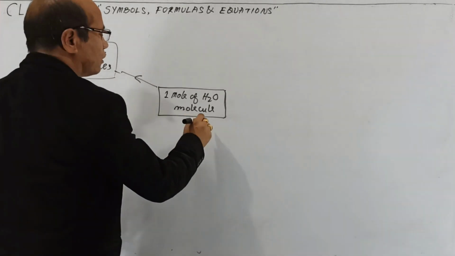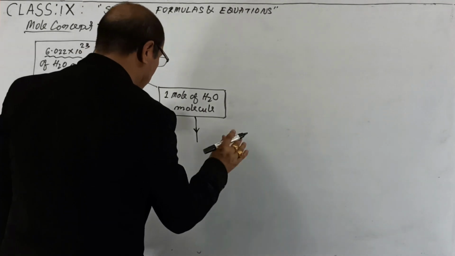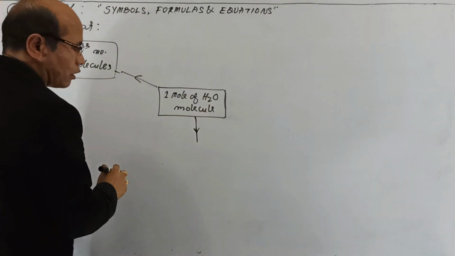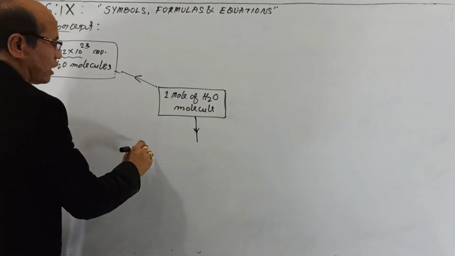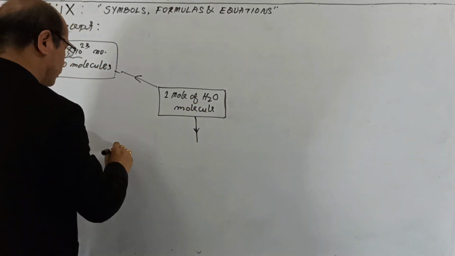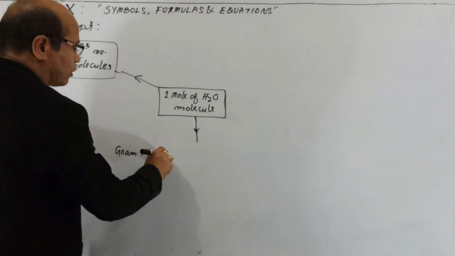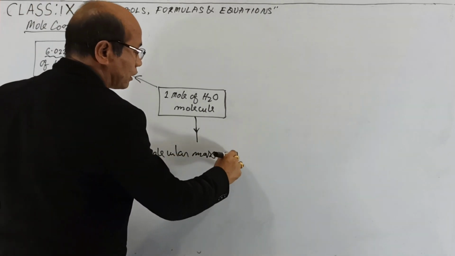And when you want to convert it into grams, the mass of 1 mole of water in grams, then how will you find out? Since it is given in the form of molecule, then you have to take gram molecular mass of water.